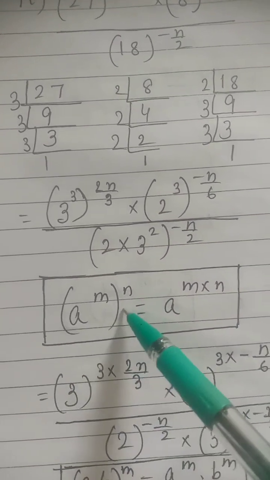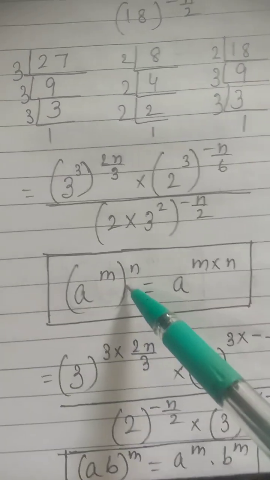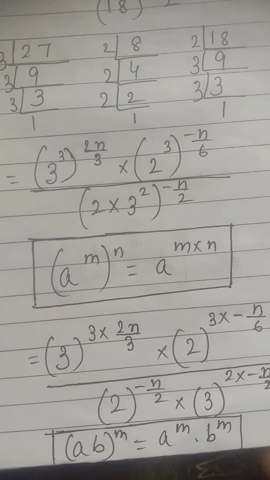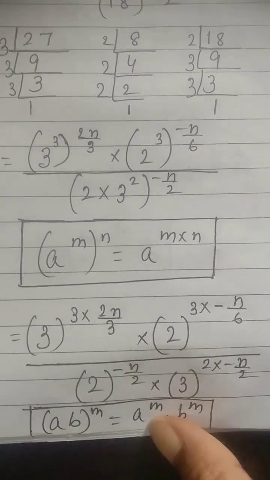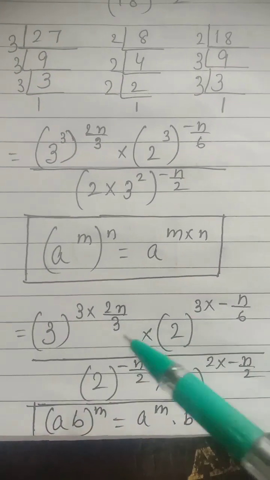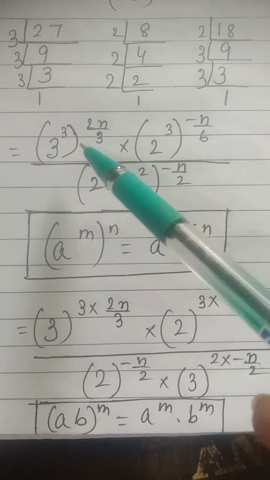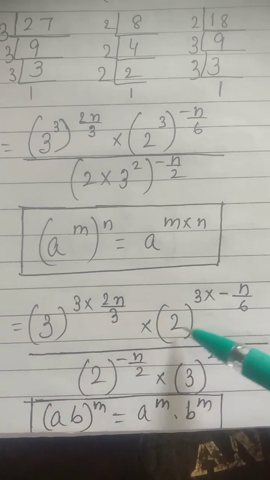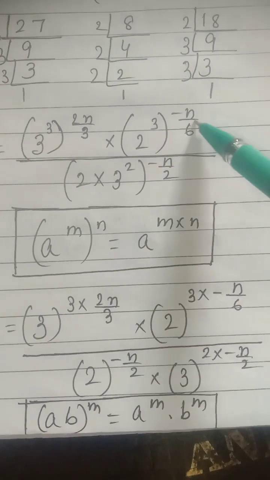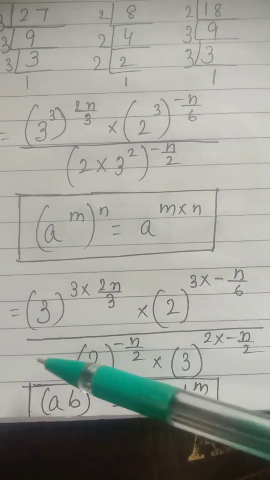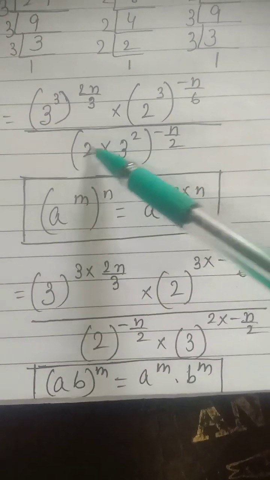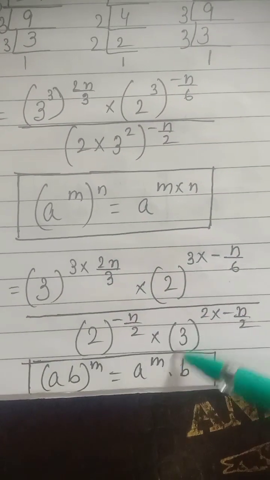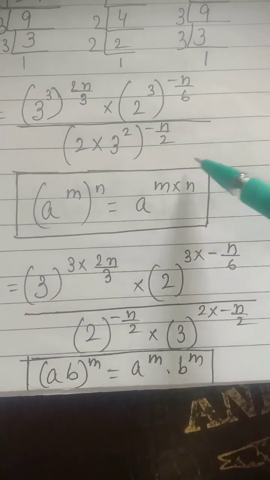Again the same law of exponent will be used here: (a to the power m) whole to the power n is equal to a to the power m into n. So now what we will find here is 3 to the power 3 into 2n/3 into 2 to the power 3 into -n/6 divided by 2 to the power -n/2 into 3 to the power 2 into -n/2.